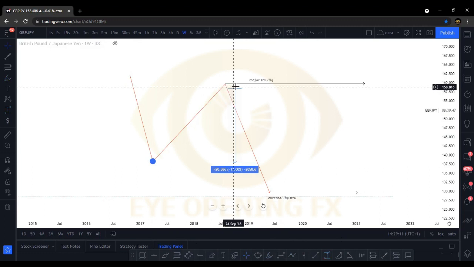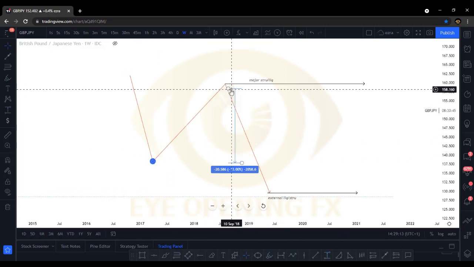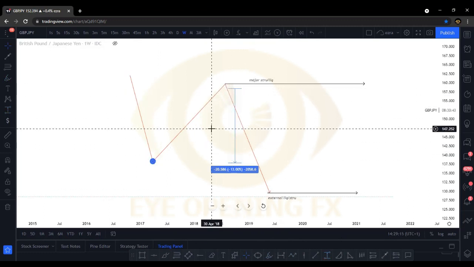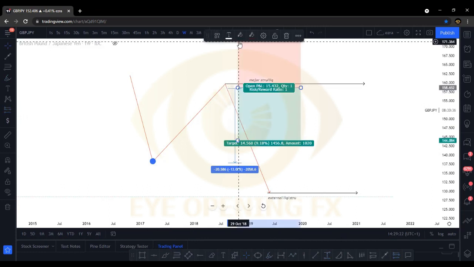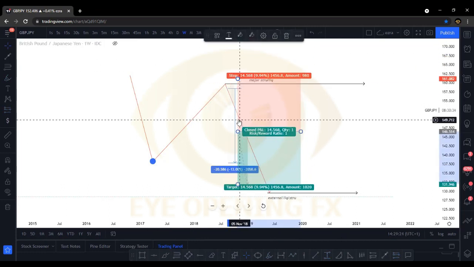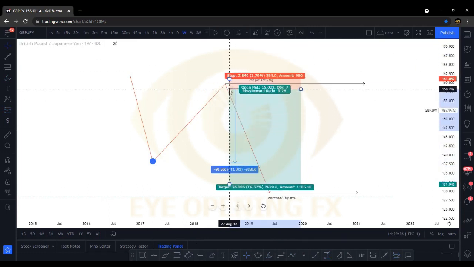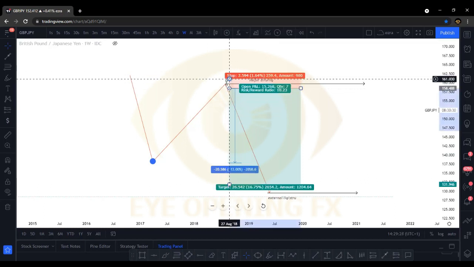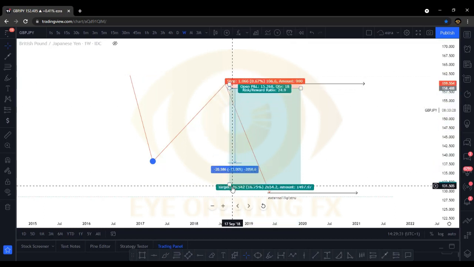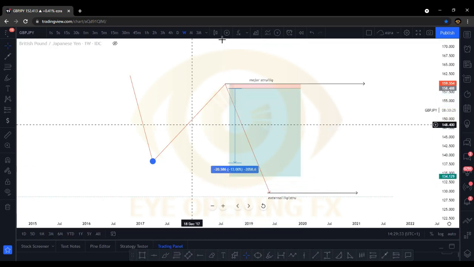If that happens within a week, why should you, even as a scalper, not hold this trade from this area, entering around here and holding up to this level, where you know that this is what the market will do?